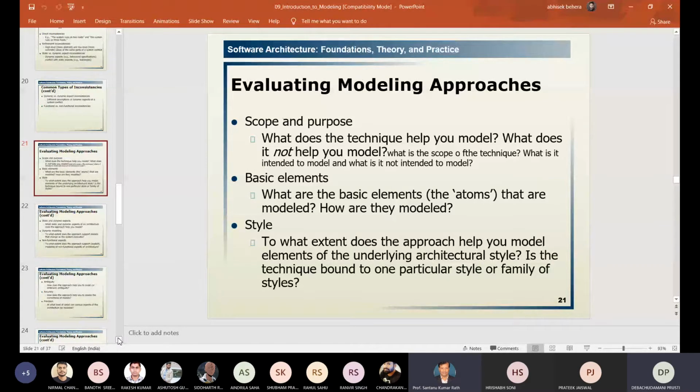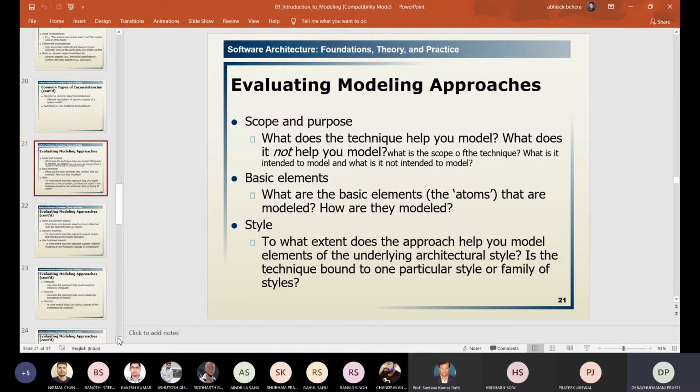Then the basic elements. What are the basic elements or basic entities, the atoms that are modeled, and how will they be modeled? That can also be evaluated for any modeling. Then style. To what extent does the approach help you model elements of the underlying architectural style? Up to what extent are you modeling the elements that underlie your architectural style? That will decide the style.